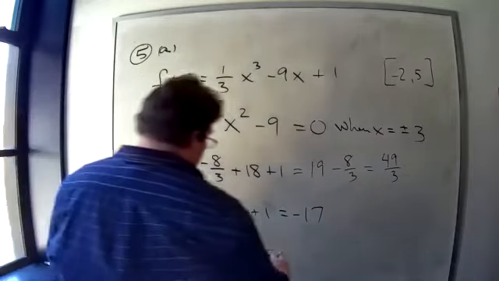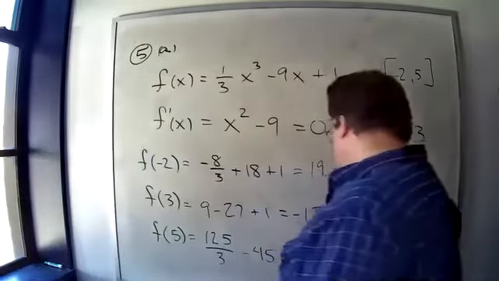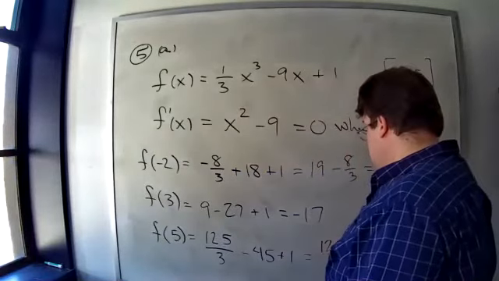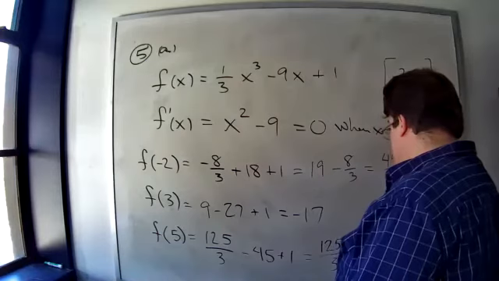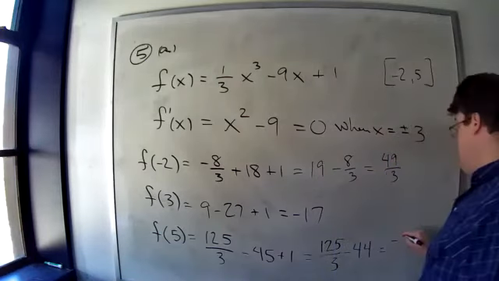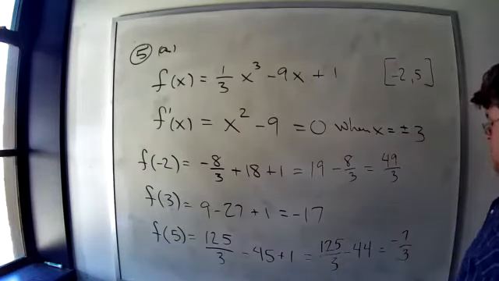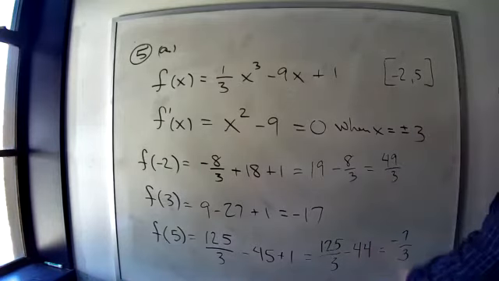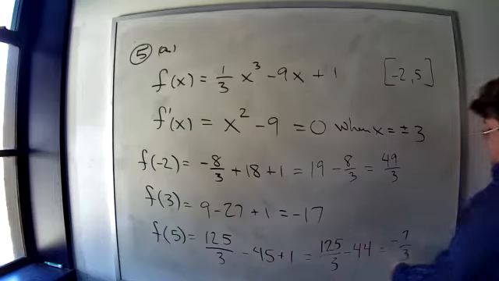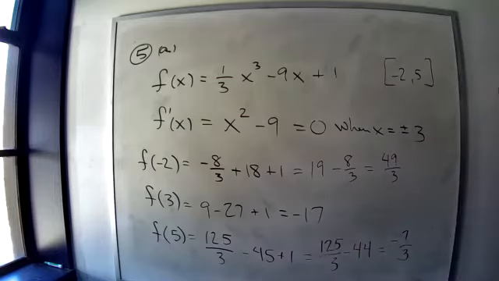And there's a negative. Plus 1. So what does this equal? It equals 125 thirds minus 44. 44 times 3 is 120 and 12, 132. 125 minus 132 gives us -7 with a denominator of 3.